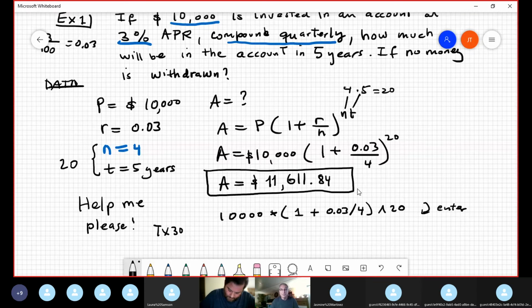Any question? The money is increasing not too fast because the interest rate is only 3%. 3% is not too much. You would need to open maybe a CD account that offers at least 5% to see your money increase a little bit.